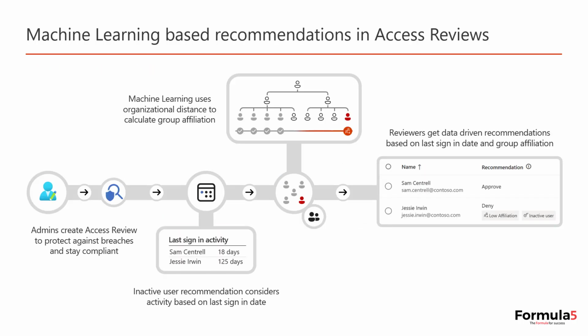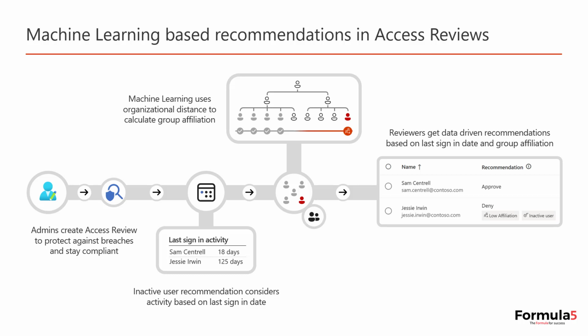ID governance provides machine learning-based recommendations in access reviews. So when we do an access review, we can see those helpful hints like, hey, this is an inactive user. Probably you should deny access for this user to this group. Or we can see user to group affiliation. So we can see information that, hey, this user has low affiliation to this group.